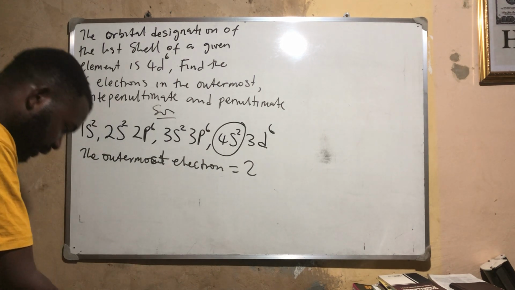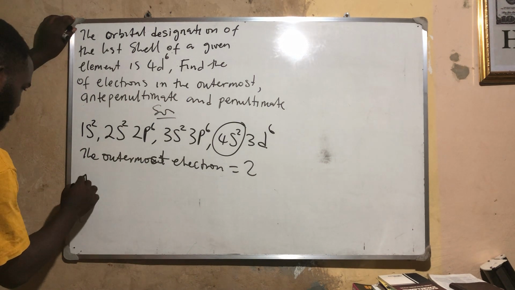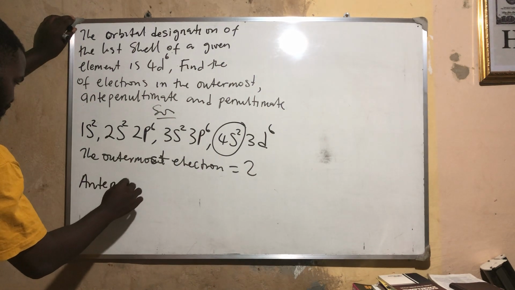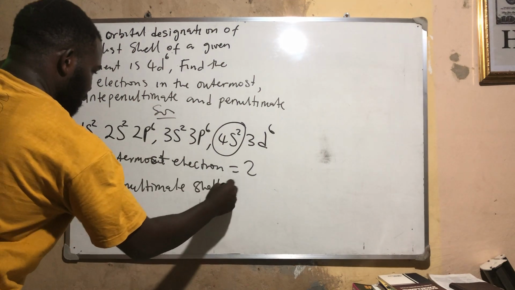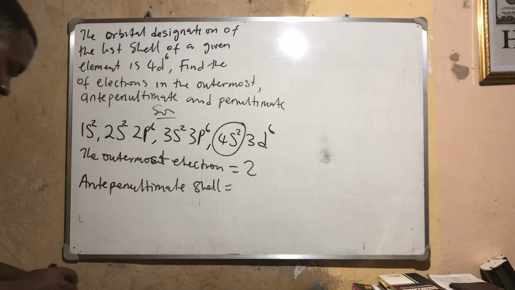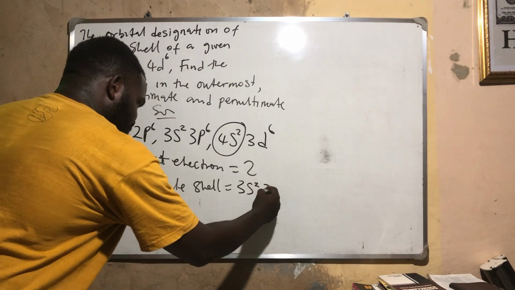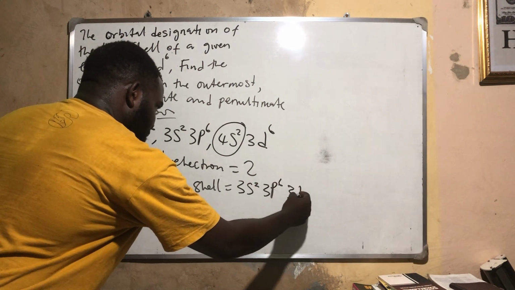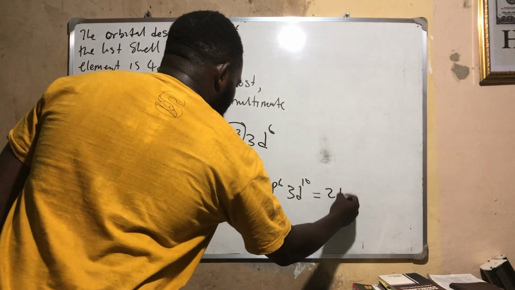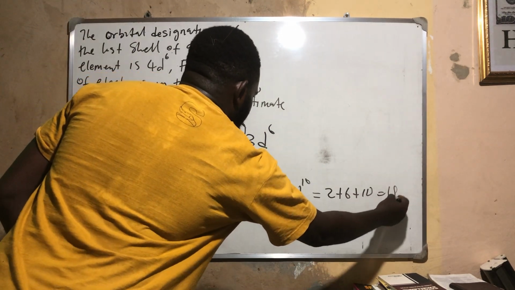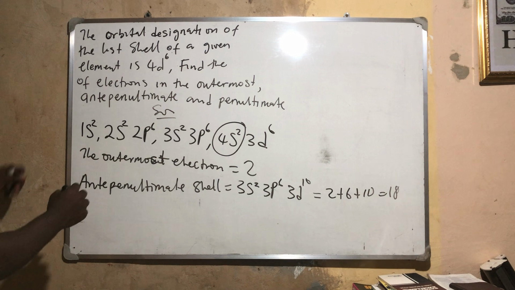So the anti-penultimate shell is what? We have 3s2, 3p6, and 3d10. So this is 2 plus 6 plus 10, which is 18. So now the penultimate shell are all the 4.